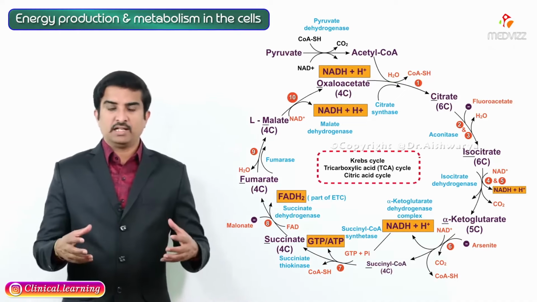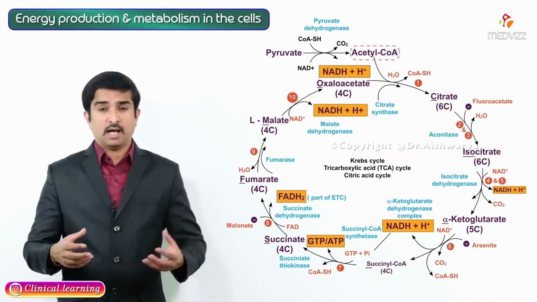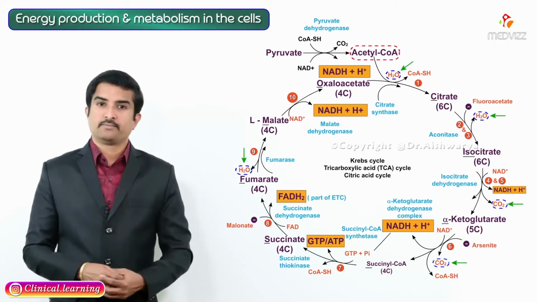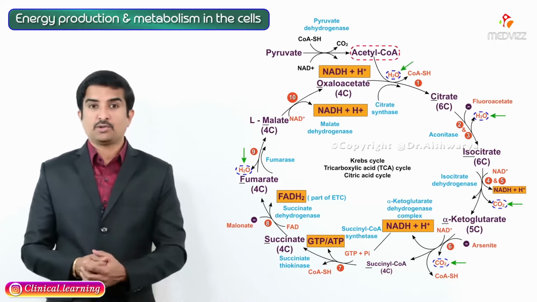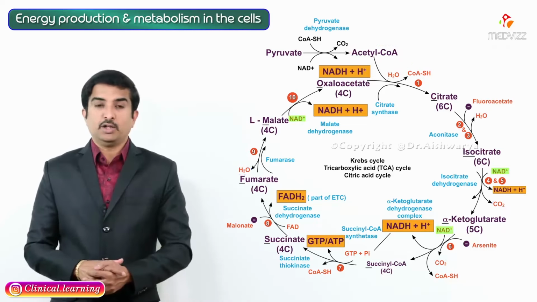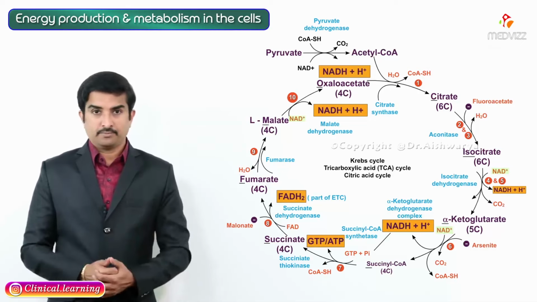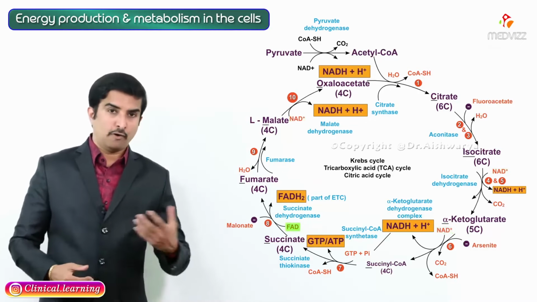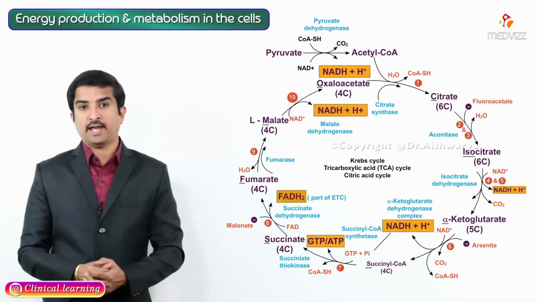The Krebs cycle oxidizes acetyl coenzyme A to carbon dioxide and water, producing hydrogen ions which reduce nicotinamide adenine dinucleotide, called NAD, and flavin adenine dinucleotide, called FAD, to form NADH and FADH2.